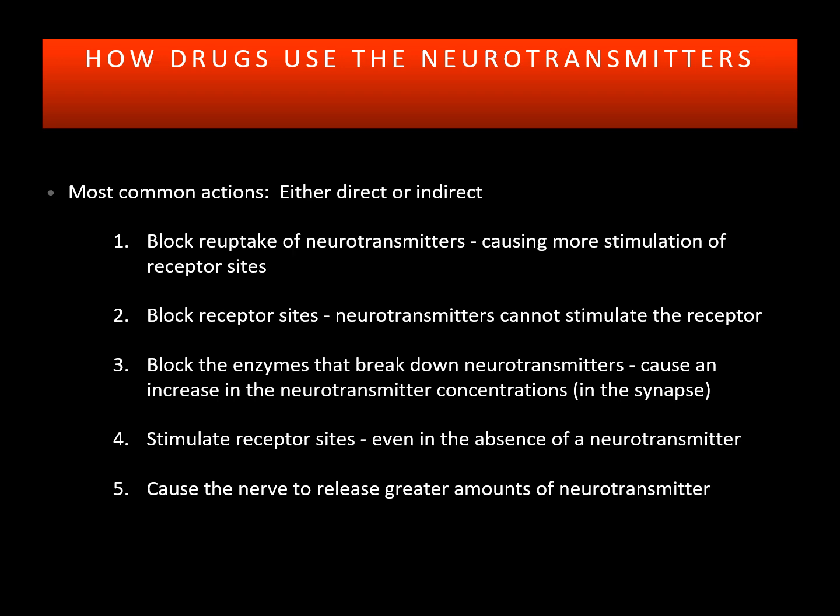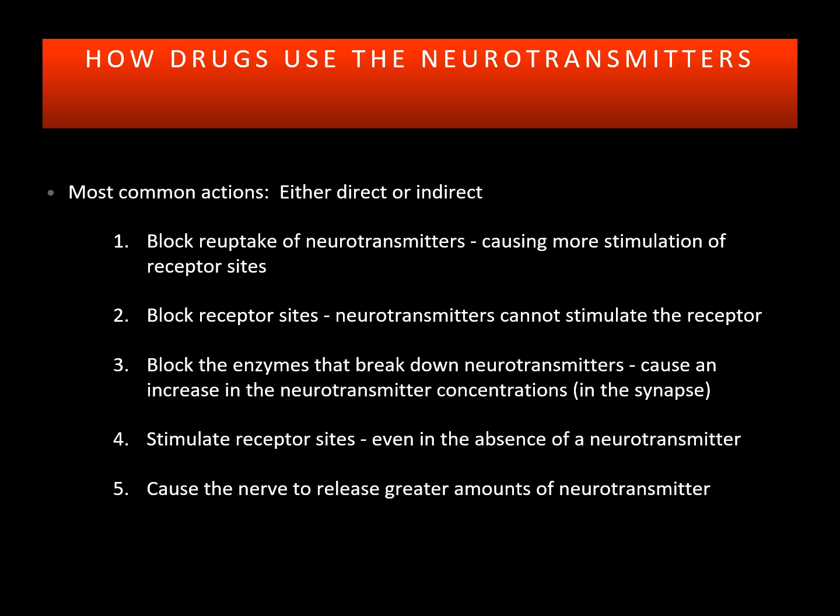This is different than number one. In number one, those enzymes are still present, but it prevents them from reuptaking those neurotransmitters. In number three, the enzymes aren't even produced, so there isn't any around, and this promotes, again, more stimulation, with a lot of concentration of neurotransmitter in the synapse.